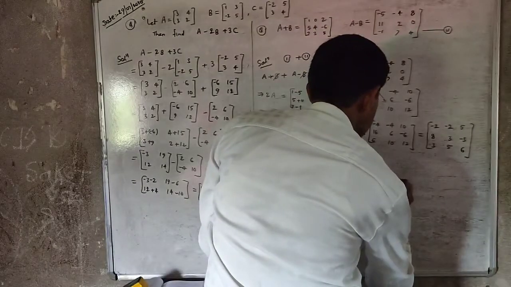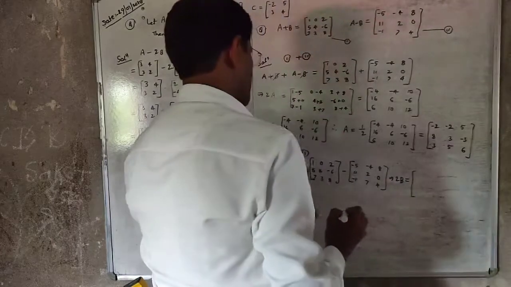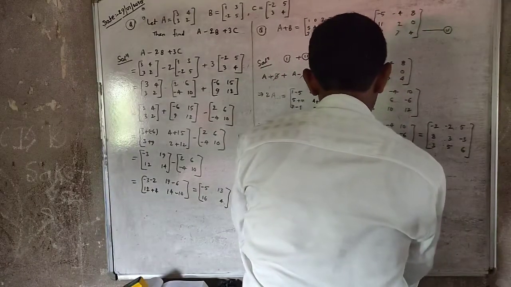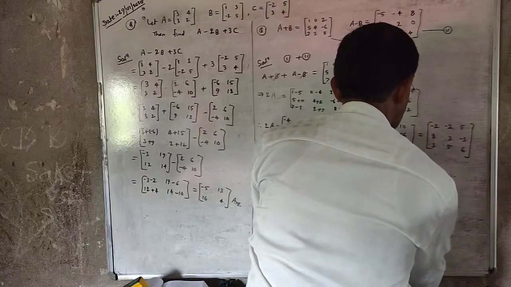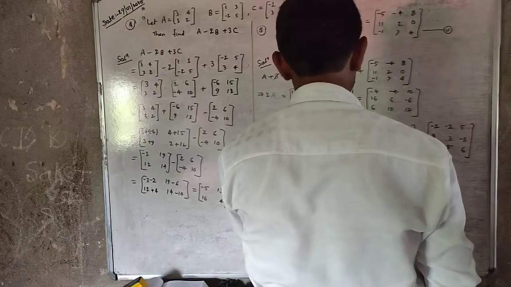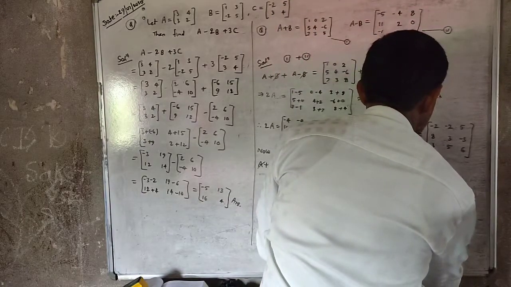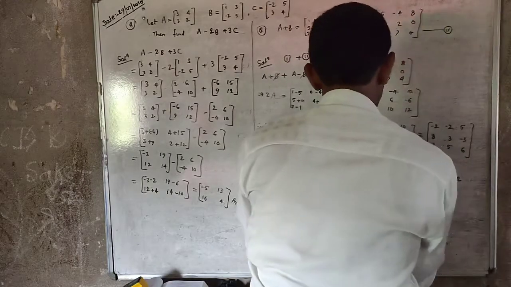This implies 2B is equal to: 1 minus 5 means 1 minus minus, double minus, minus into minus is plus, so 1 plus 5; 0 minus minus 4 means 0 plus 4; and 2 minus 8.